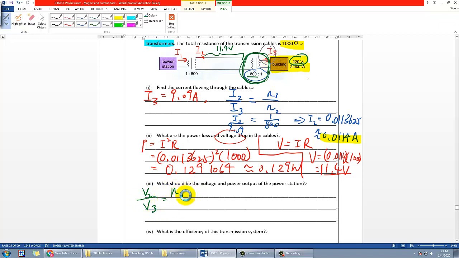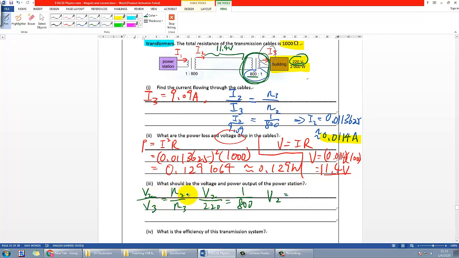Then again, the ratio will be the same as the transformer, which is V2 is the one that we want to calculate. V3 is 220, and then the ratio is number of turns, 1 to 800. And so the V2 is 220 divided by 800, yeah. So wait, it doesn't make sense.